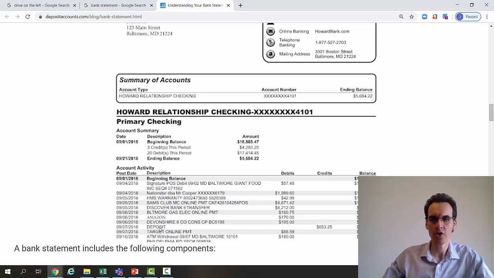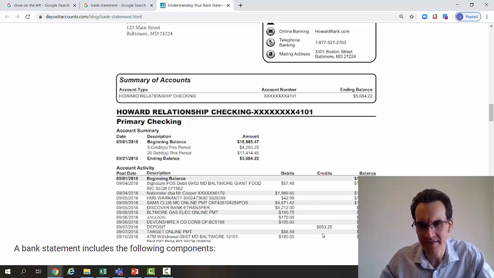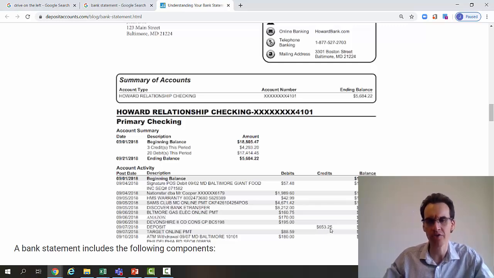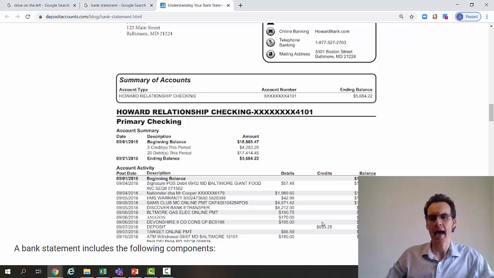Now, when the account holder deposits an amount in the account, the bank is crediting this amount of $653.25, which increases the account balance from $3,306 to $3,959. So in this particular case, why is the bank showing an increase in the account balance as a credit?